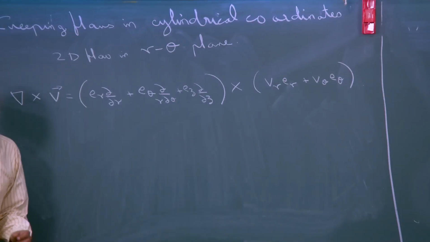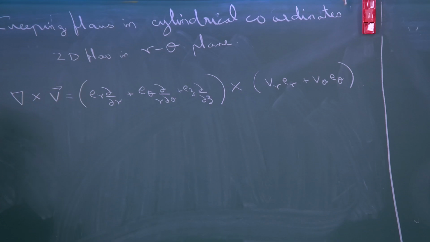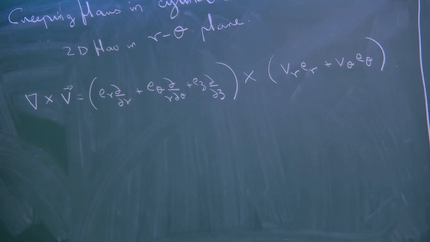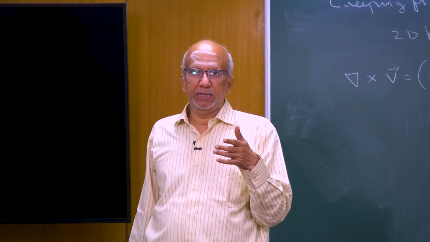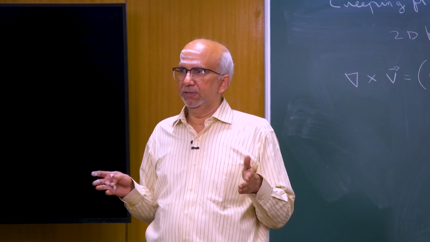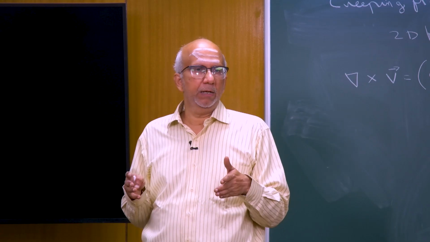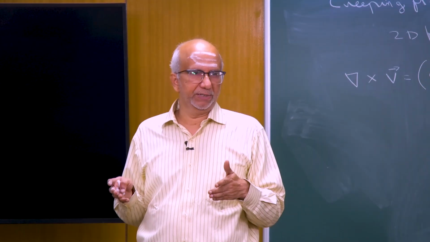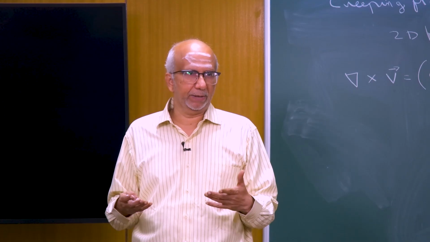You are very comfortable with the curl in Cartesian coordinates, so I just wrote it down. What I am trying to get at is what is going to be the matrix representation for the curl in cylindrical coordinates.